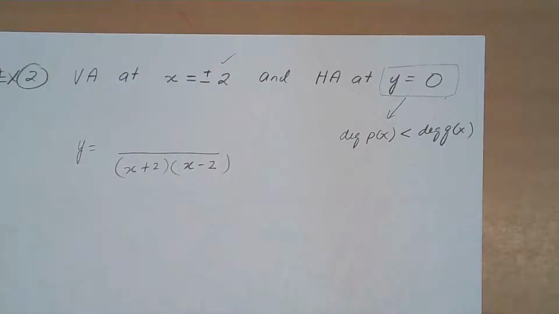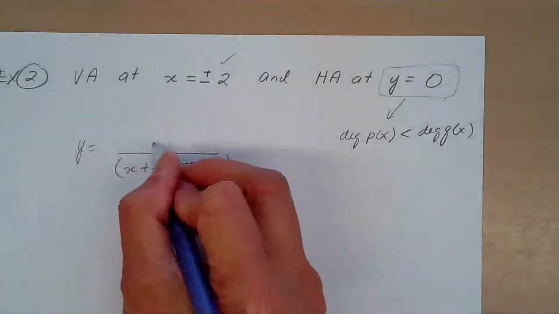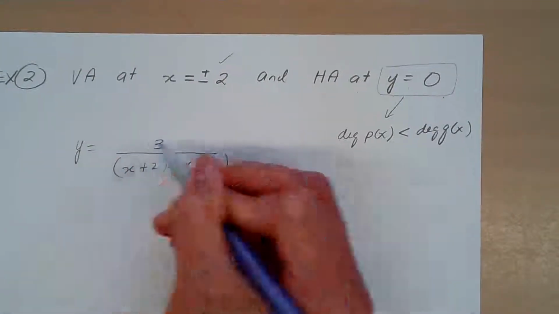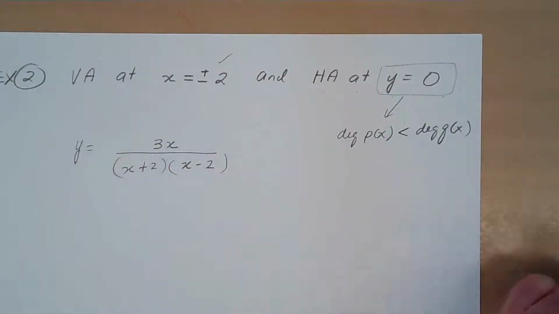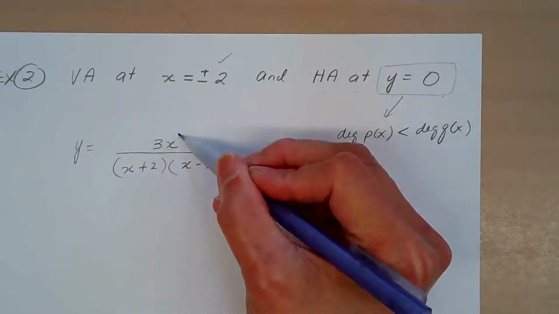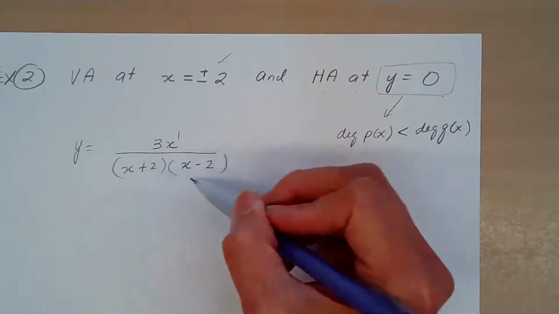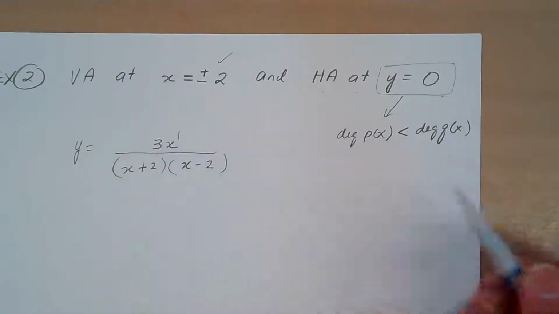What could be a possible numerator then? Could be 3x, right? Because the degree of this is 1 and the degree of the denominator is 2.